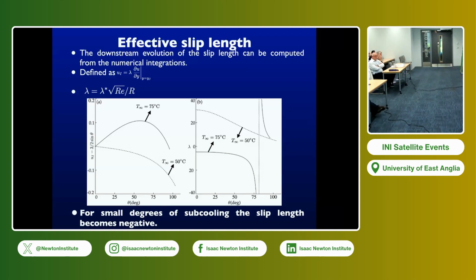At some point, it becomes singular and then becomes positive. So the proposed mechanism that it behaves like there is a constant slip length is not valid, and the dynamics of the vapor cannot be ruled out.